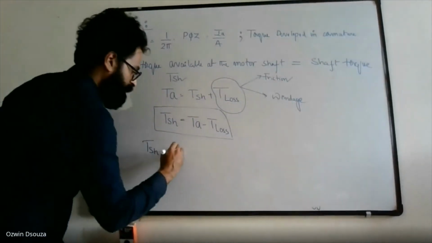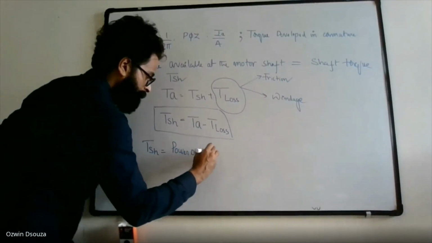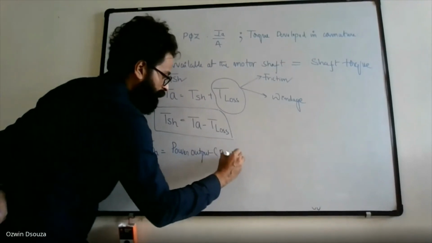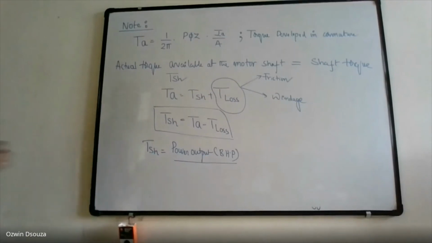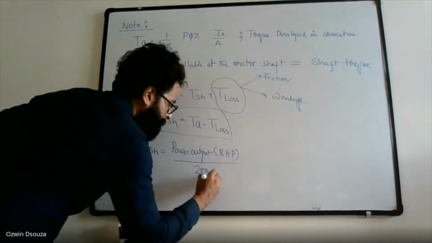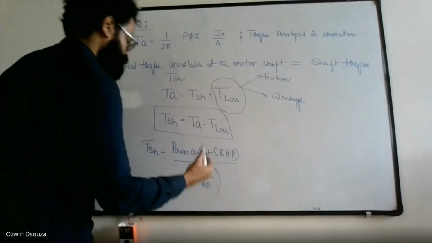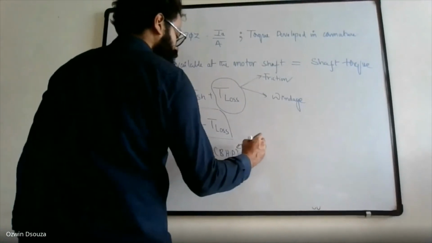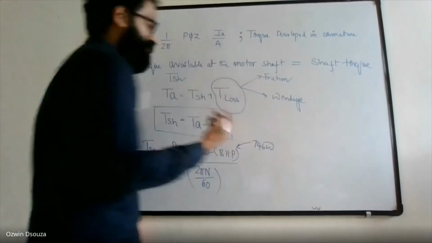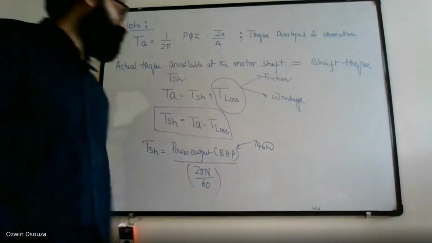It is power output in BHP divided by the speed. So this is how you can find out. So 1 BHP is 746 watts. You can check. This is how you calculate the shaft torque in case of a practical machine.